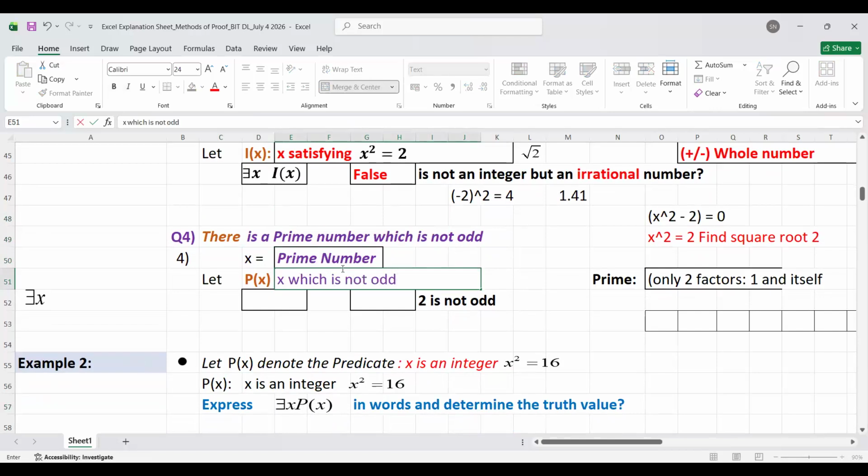Now the quantifier is there is, so again we are going to use the there-exists symbol. So this becomes there exists x, where x stands for prime number, and that prime number is not odd, represented by p of x. Let p of x be x, which is not odd. So there is a prime number x which is not odd, is p of x. Now, is this statement true or false?